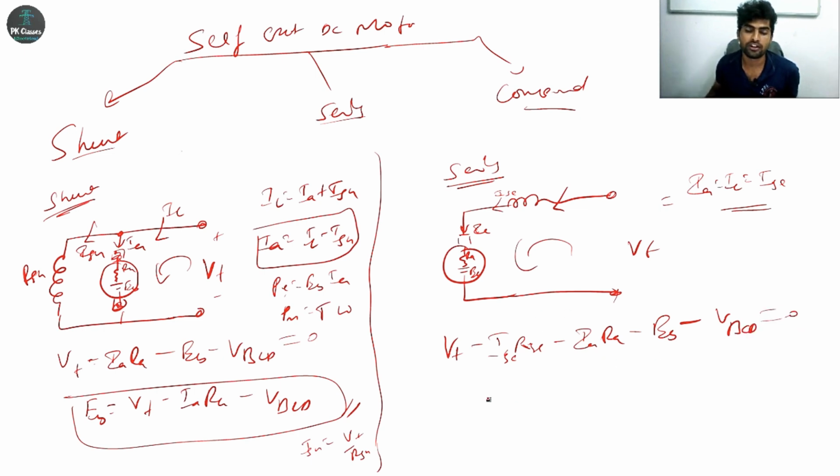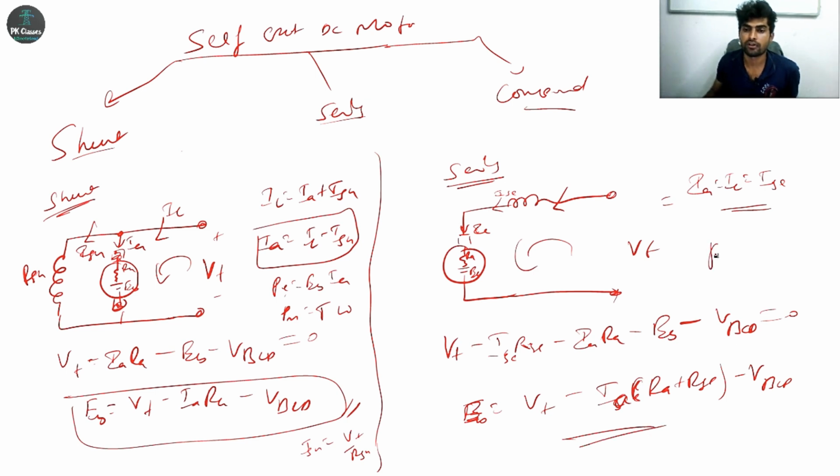If you want EB, EB is equal to VT minus ISC RSC, I'll take IA and ISC as common. So IA into RA plus RSC, minus VBCD, right.